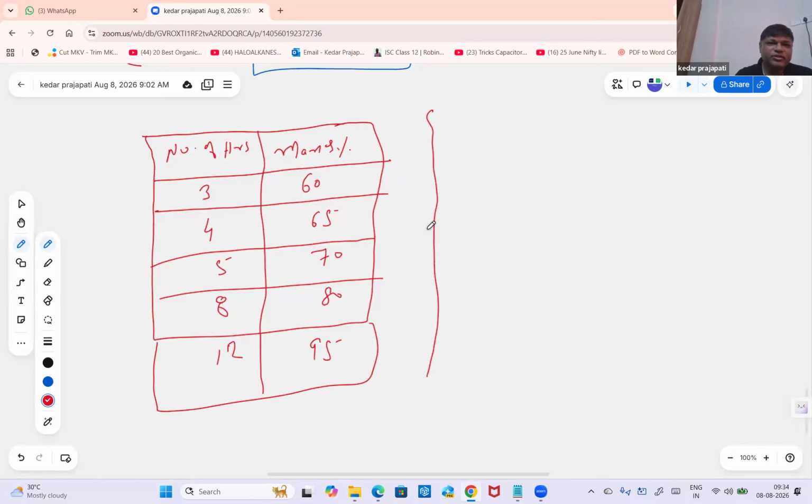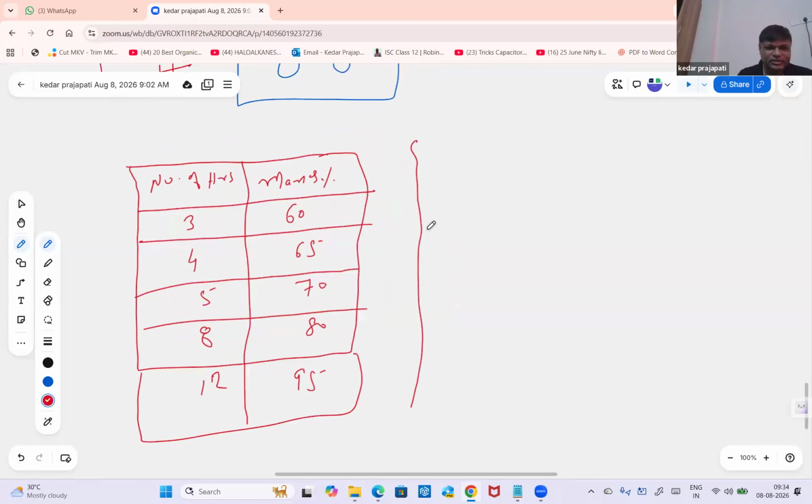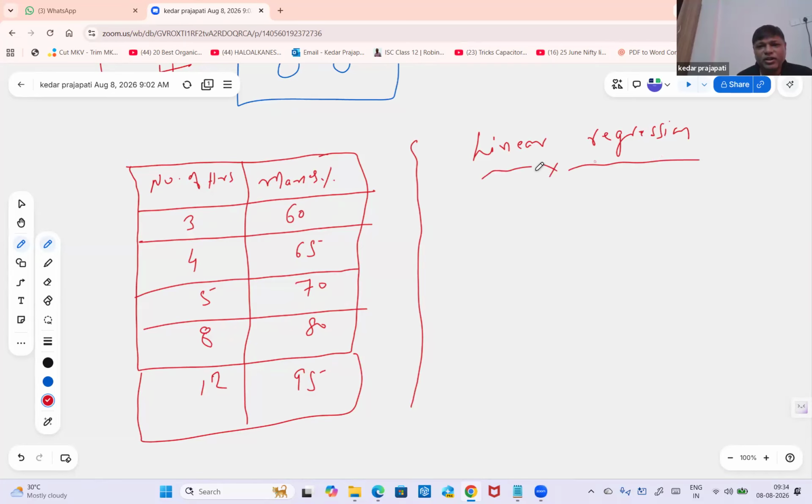So the machine learning models which we will design in upcoming days will take this kind of data. And there is a model called linear regression. This model is already developed, so we'll use it, and we will also learn how to create a linear regression model from scratch.